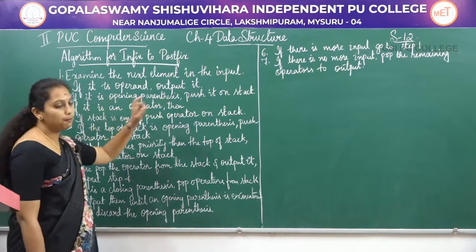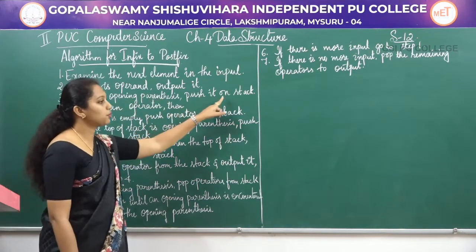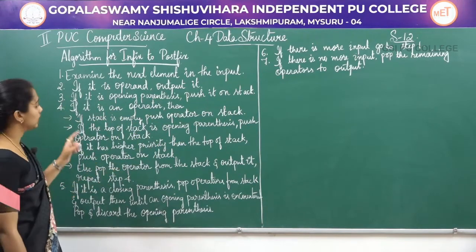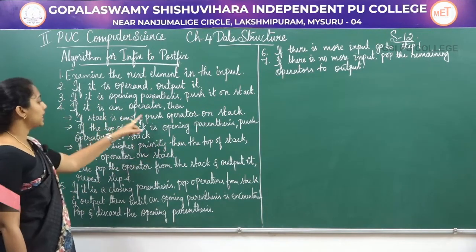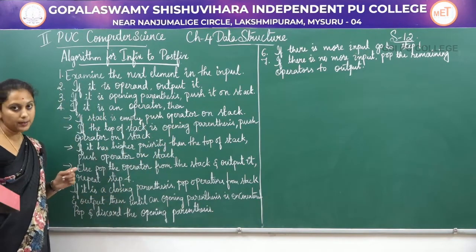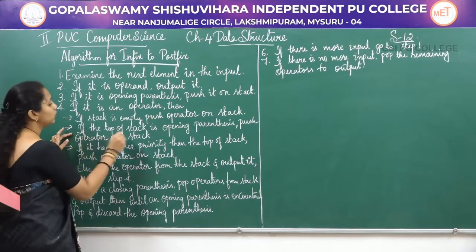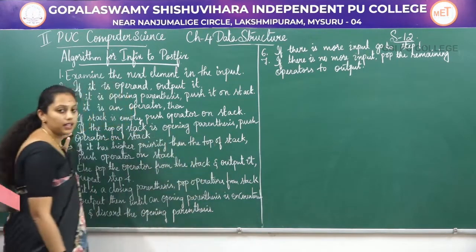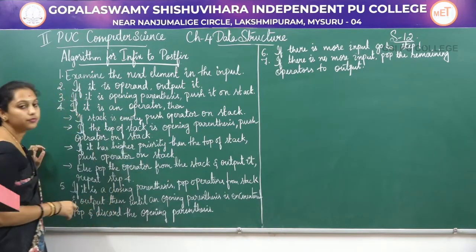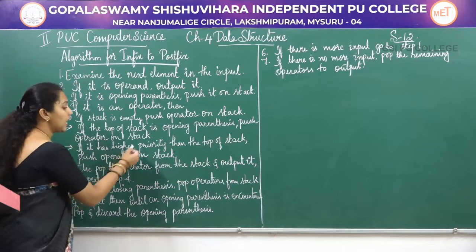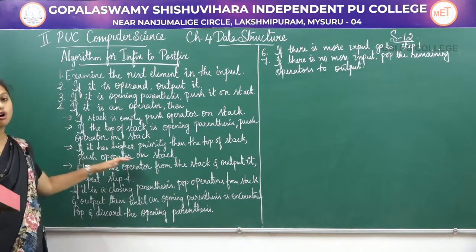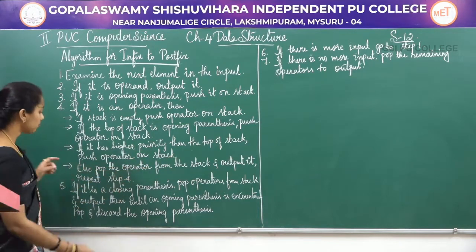If it is an opening parenthesis, we push it on the stack. If it is an operator, then if the stack is empty, we push the operator on the stack. Otherwise, if the top of the stack is an opening parenthesis, we push the operator on the stack. If it has higher priority than the top of the stack, we push the operator on the stack.